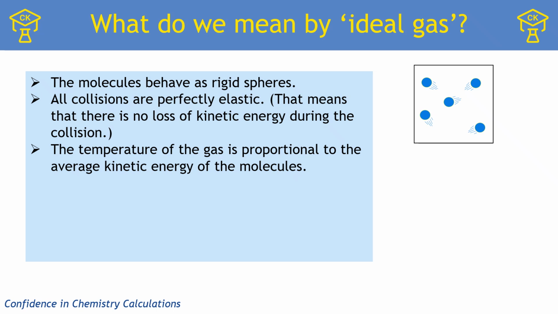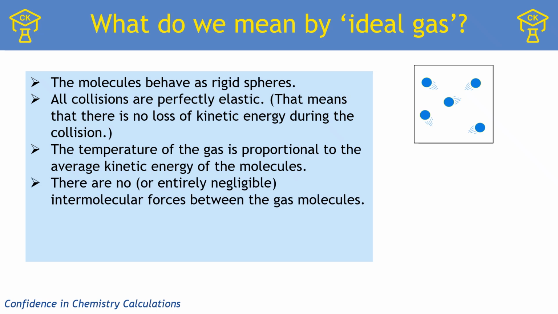And then the last 2 points are really key. So one of the things that makes an ideal gas behave in a predictable way is that there are no or completely negligible intermolecular forces between the gas molecules. Now, this obviously is not true, because even the most ideal of gases, which would be helium, can become a liquid if you cool it down enough.